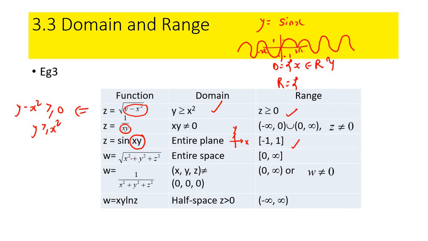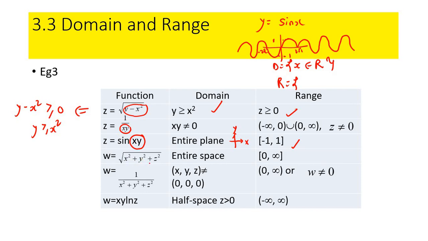And then the bottom three, you have a function of 3 variables. W equals the square root of x² + y² + z². Even though I said you have to set whatever is inside the square root greater than or equal to 0, x² gives a positive value, y² also positive, z² also positive. That's why in this case, even though x, y, z may be negative, because of the square root, x², y², z² are always positive.